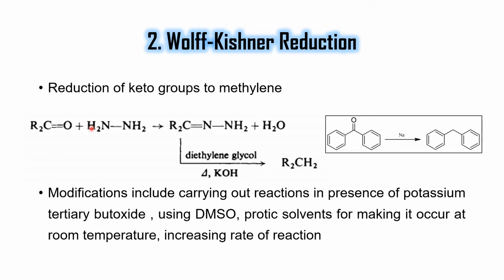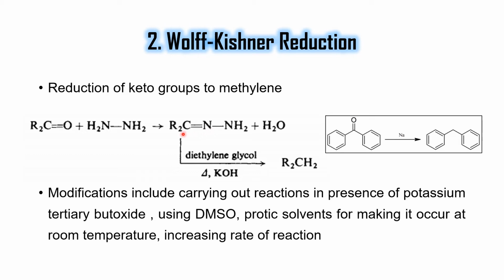Here, such ketones having any R group, they are reacted with hydrazine. So upon reaction, you can see it is a reduction, so there is loss of oxygen. And we get oxime-like compound over here. So oxygens, there is elimination of H2 and this O. So oxygen's place is taken up by nitrogen.